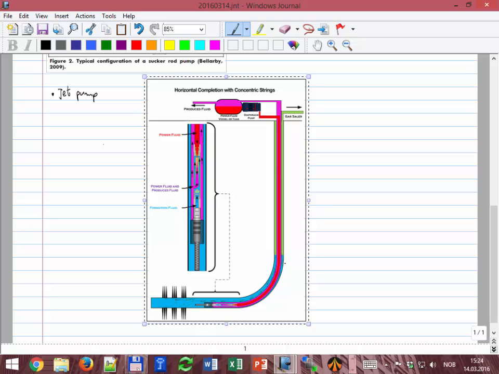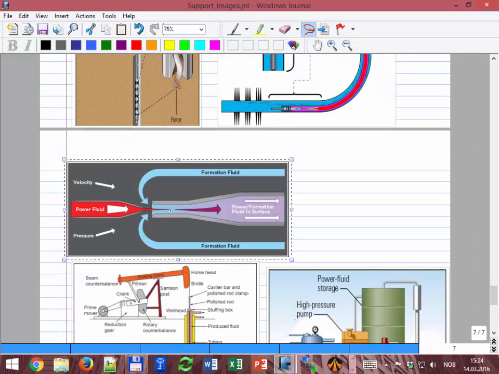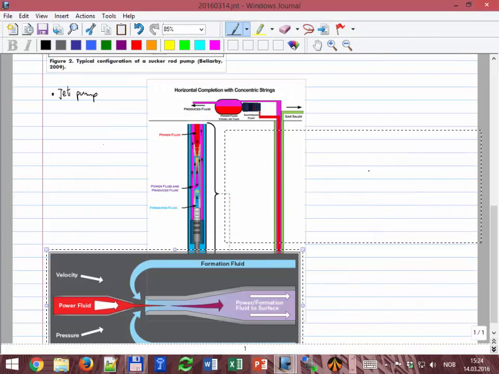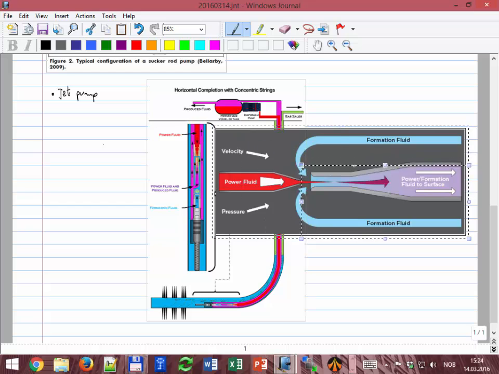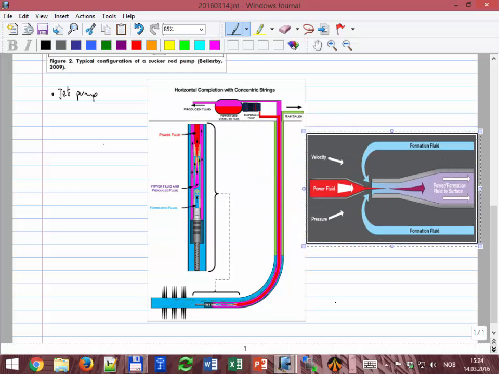So maybe let me show you a slightly less complicated diagram. It's also called an ejector, or Venturi type. So you have a power fluid, high pressure and high energy. When it goes through this small point, the velocity increases very much, and due to the Bernoulli effect, the pressure decreases.